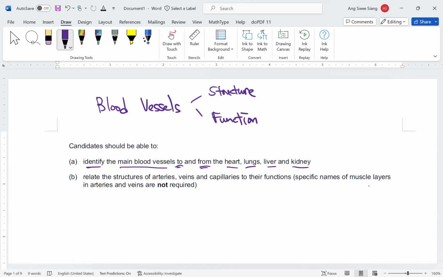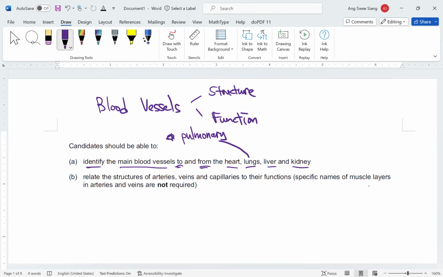Before I continue, I just want to bring in some of this concept already. Any blood vessels related to the lungs, usually you will see the word pulmonary. When you see this word, it is most likely related to the lungs.